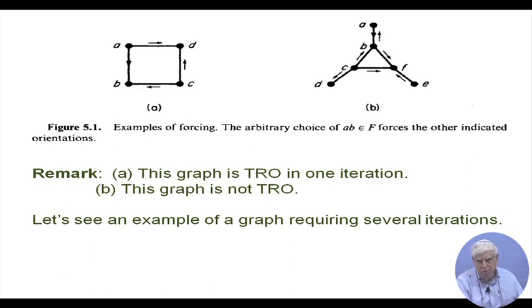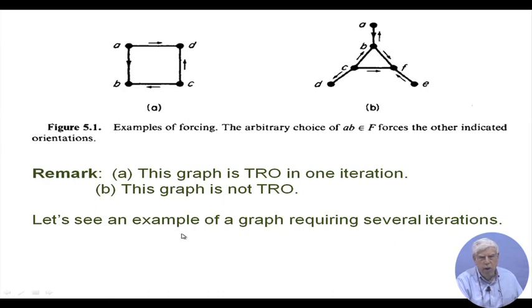Uh-oh. I get the contradiction. My algorithm fails and declares this is not transitively orientable. Now, both of these graphs, the first and the second, are handled in one iteration.